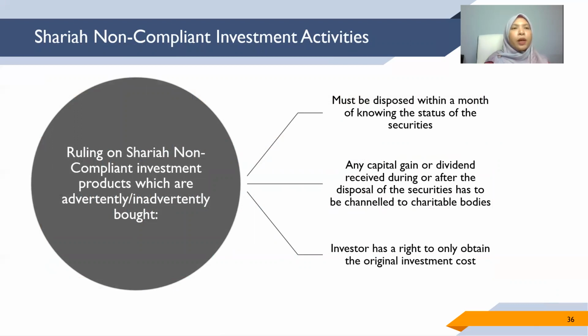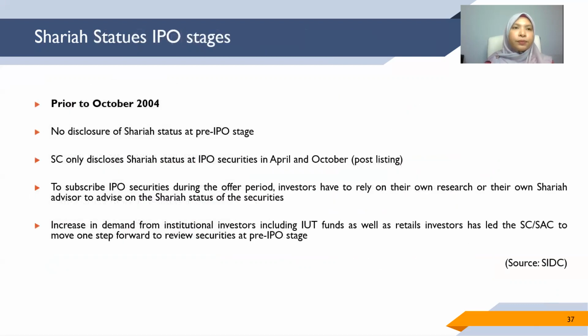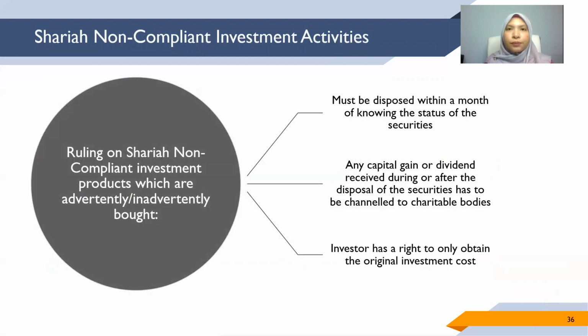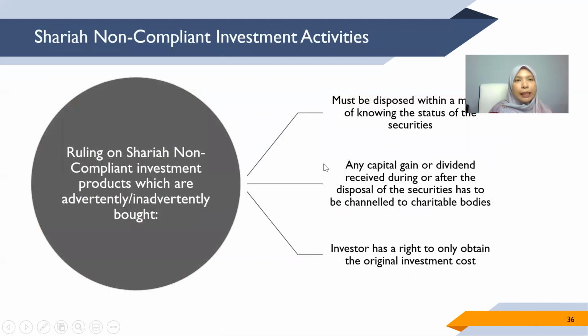So this is the summary of what will be discussed on the Shariah screening. So for Shariah screening, I think that's all. So other than that, you can refer to the FIQ justification.